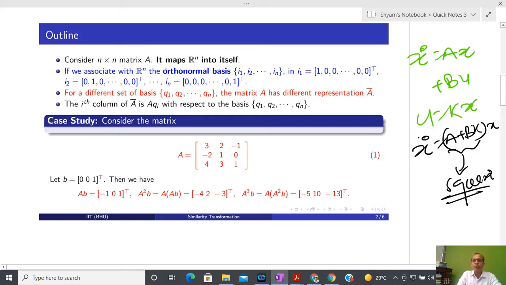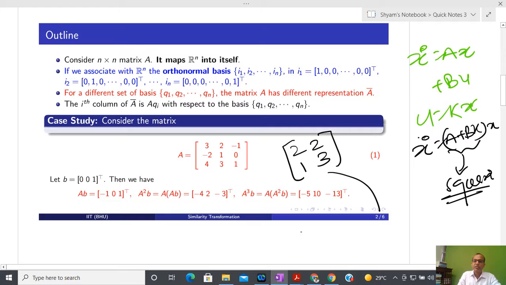Suppose I write some kind of 2 cross 2 matrix, 1 3. Could someone, Manali, quickly tell me what is the basis of this matrix, how many basis vectors, and what is the dimension?